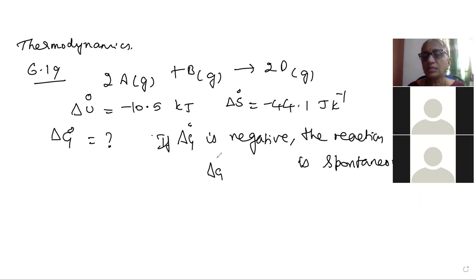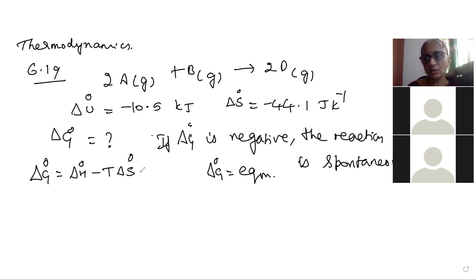If it is equal to 0, we will say the reaction is at equilibrium. So let us first calculate. The formula is delta G naught equals delta H naught minus T delta S naught.